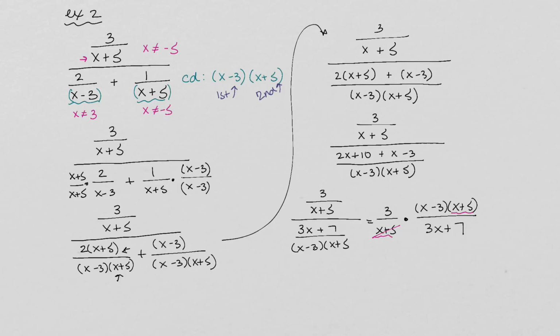So there goes the x plus 5 from the denominator, and there goes the one from the numerator. That's exciting, right? And so I've got 3 times x minus 3 over 3x plus 7. And that is our simplified rational expression. We're done simplifying at that point. It is one fraction. So I took a rational expression composed of 3 fractions and made it into one.